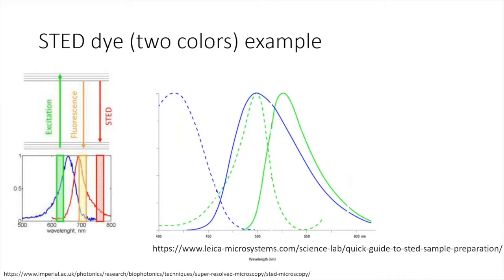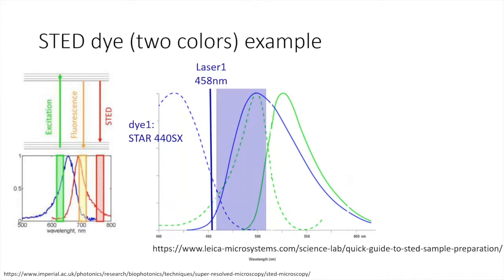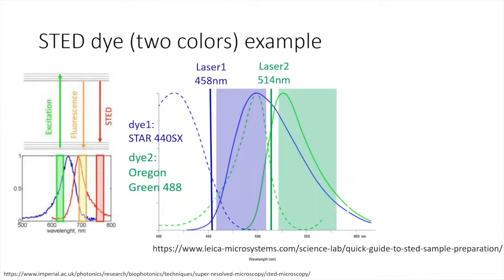So, okay, if we want to do true color, how do we do that? Here I'm showing you two fluorophores. The dashed line is the absorbance, so two absorbances here, and two emissions are the solid lines. The dye one, Star 440, you can excite with 458 and collect emission here, and then dye two, excite at 514 and collect your fluorescence here.